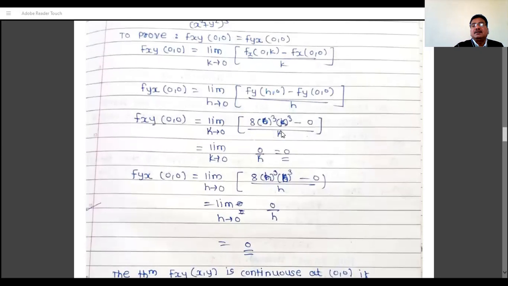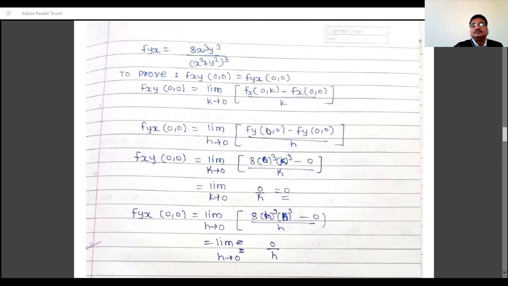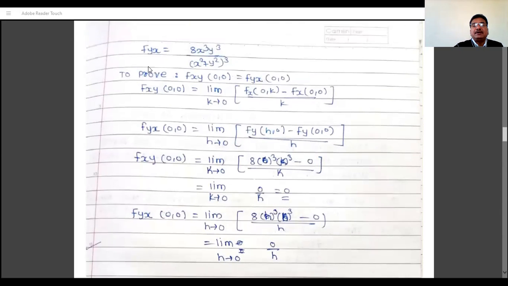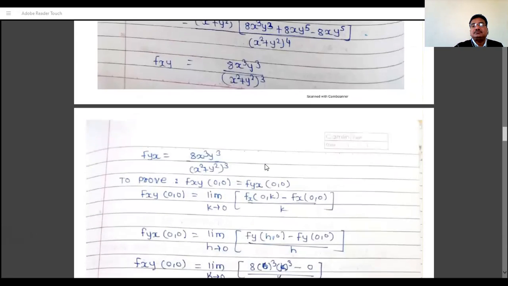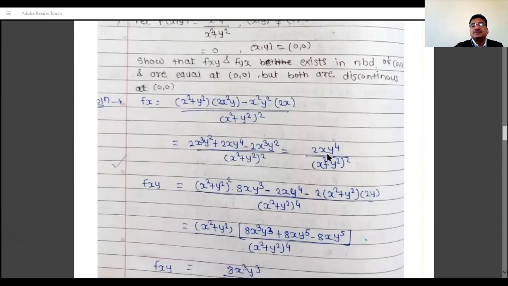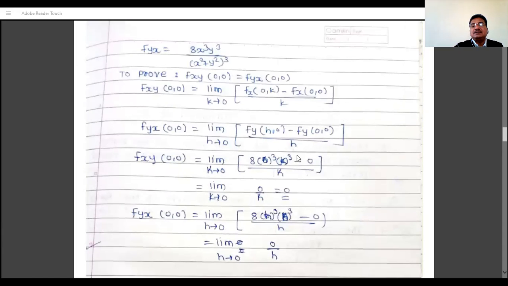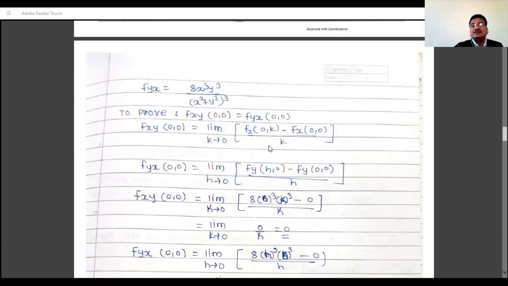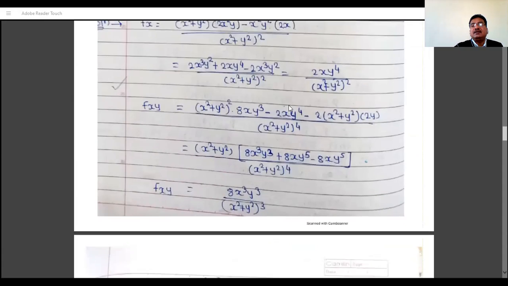Then fx 0 k, fxy 0 0. So by using this, we can substitute: this is fx, fxy. Substitute x as 0, y as k in this.